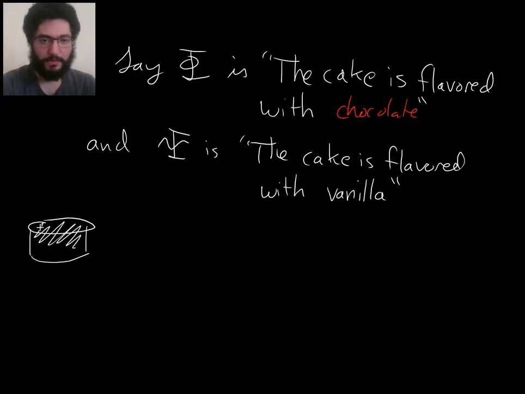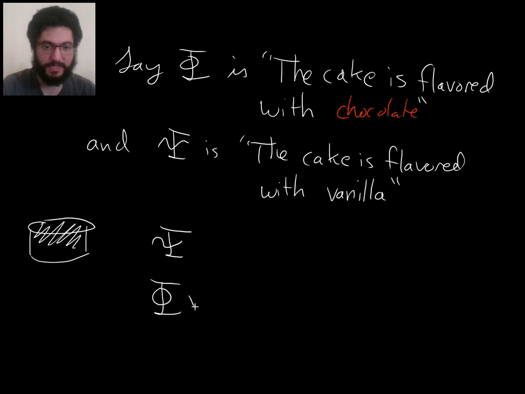Then what can you conclude from this? According to the rules of or, if you look at the cake and you see that it is in fact flavored with vanilla, that means you know that psi is true, right? The rules of or tell you that you may now conclude phi or psi is true. So by observation, we see that psi is true. Therefore, by the deduction rules for or, phi or psi is true.